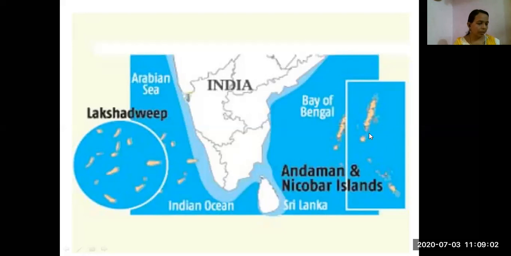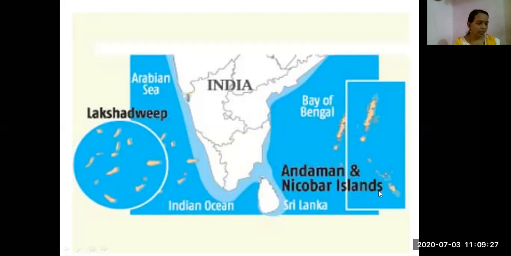The entire group of islands is divided into two broad categories, north and south. The northern part is called the Andaman Islands and the southern part is called the Nicobar Islands.